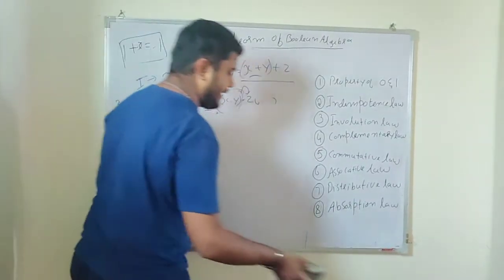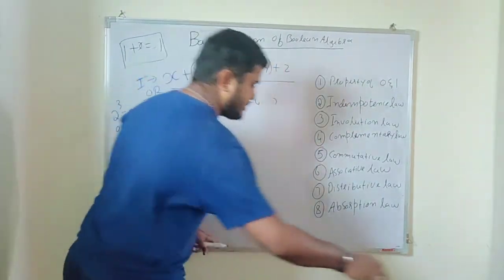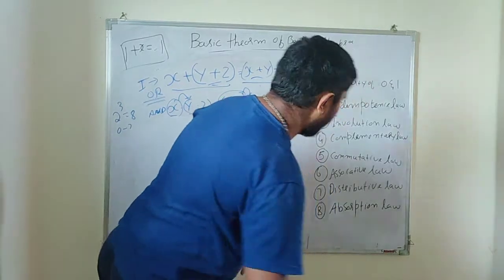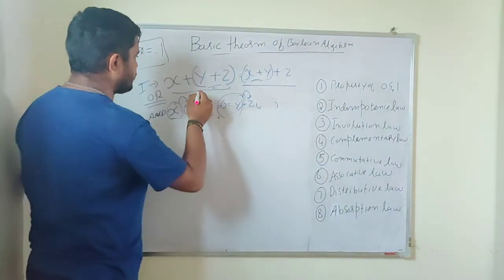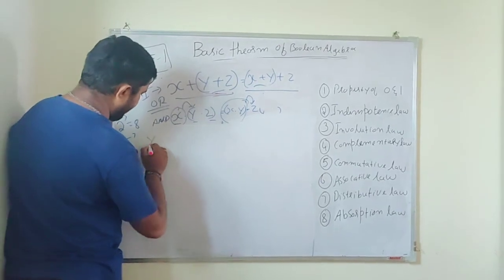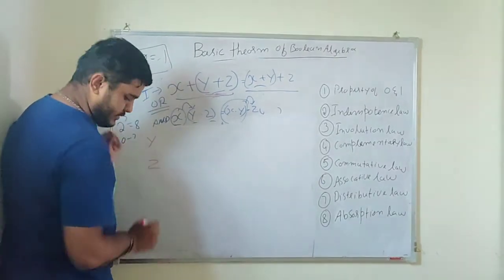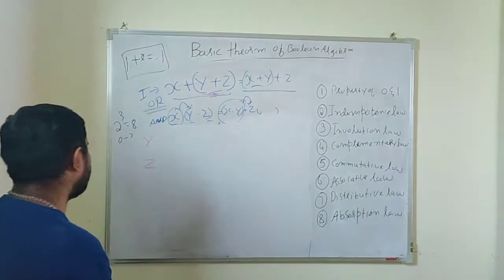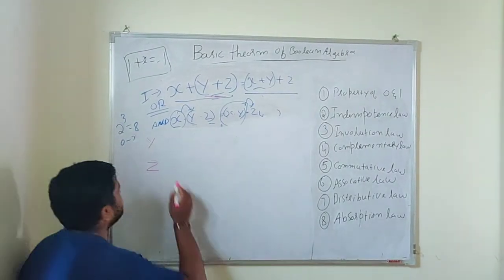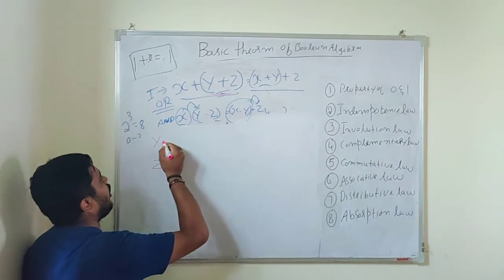A logical gate for associative law is, so here first you should solve this bracket. Now what is this? Y z. So let us solve first for y and z. So y and z, it is an OR gate.